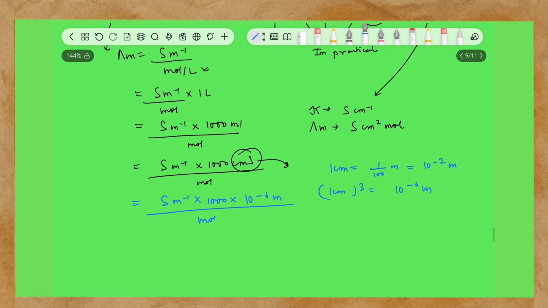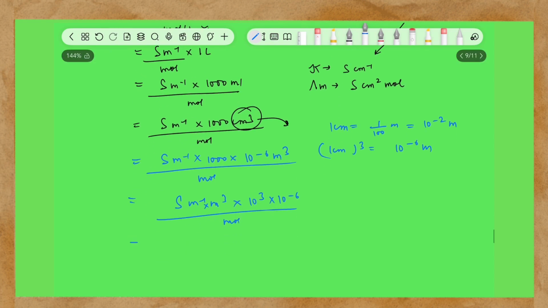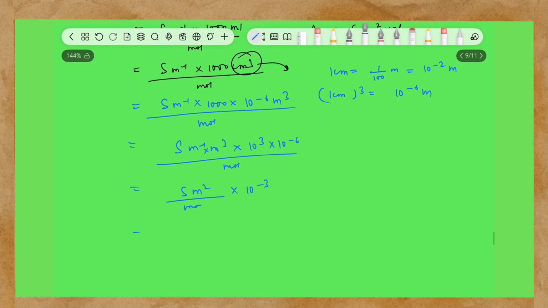Now solving further, we get Siemens per meter, and it is meter cube, so it will multiply with meter cube into 10 to the power 3 into 10 to the power minus 6 upon mole. Ultimately we get Siemens meter square per mole, and the 10 to the power minus 6 in the numerator will go to the denominator.